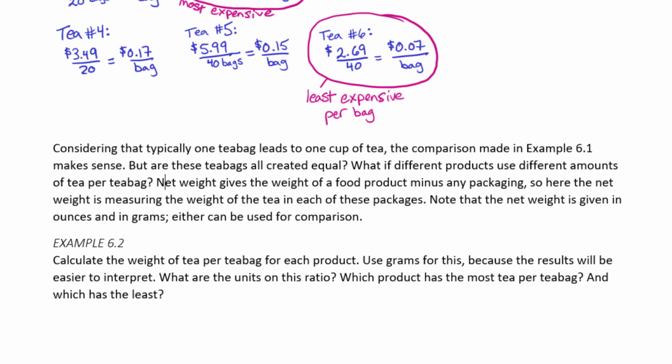Net weight gives the weight of a food product minus any packaging. So here the net weight is measuring the weight of the tea in each of these packages. Note that the net weight is given in ounces and in grams. Either can be used for comparison, and you'll just find that depending on the scale of what you're looking at, one or the other will be easier to use. We actually have examples of both coming up.